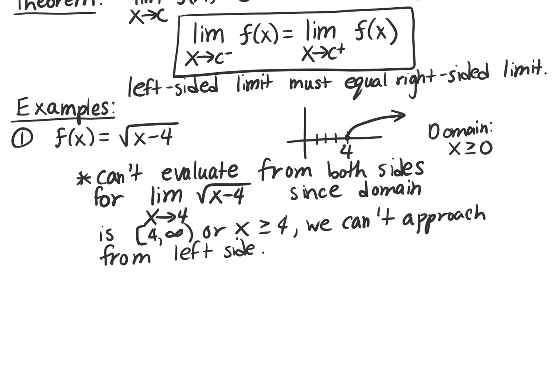Okay, so if you were asked, does a limit as x approaches 4 of the square root of x minus 4 exist, you would actually have to split this into two parts. You would have to find the left-sided limit and the right-sided limit. The left side limit does not exist, so we'll put DNE for does not exist.